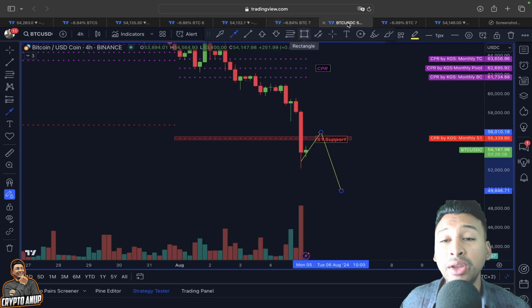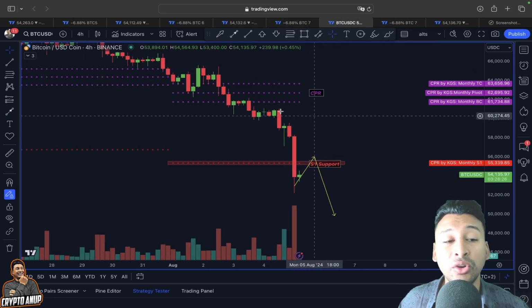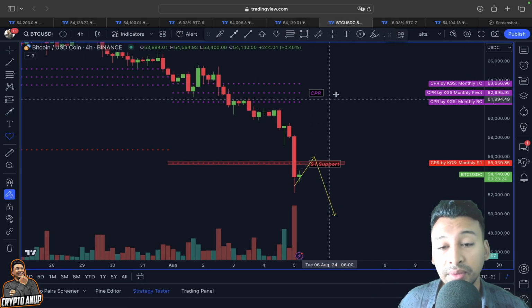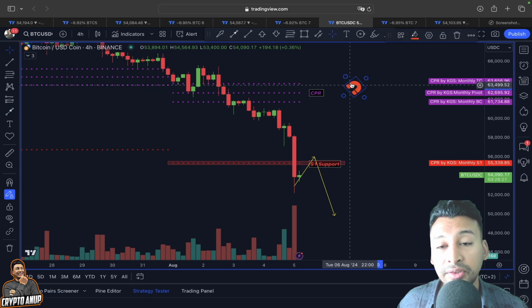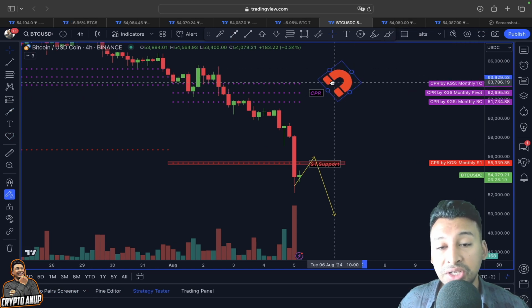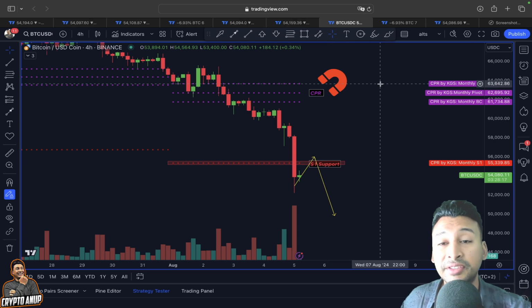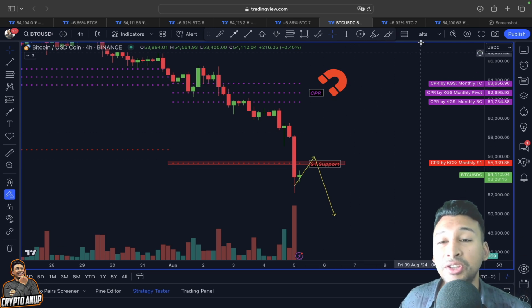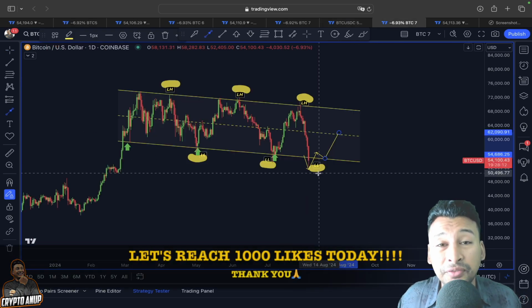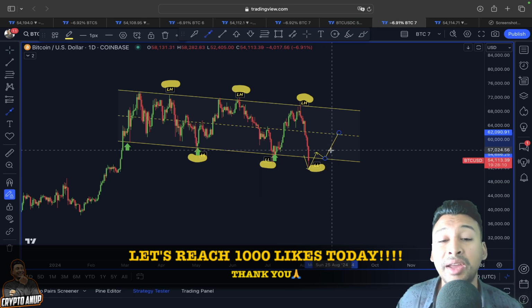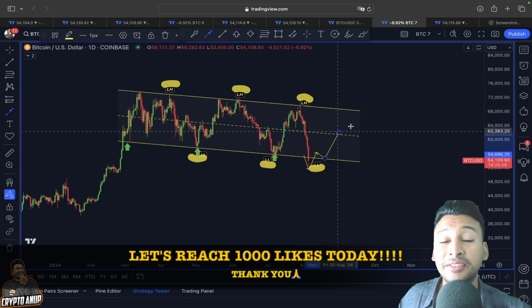by doing that we will be above this monthly S1 line, which will also indicate the CPR line could be attracting us one more time above 60,000. So if the price in the medium short term manages to come across this 55,500 range, then we will be re-entering inside this descending channel.